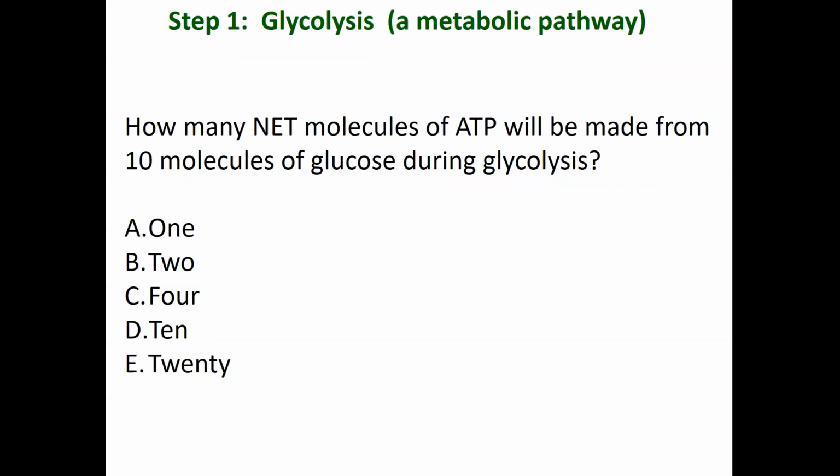Next question, how many net molecules of ATP will be made from 10 molecules of glucose during glycolysis? The correct answer is E, 20. So if 1 molecule of glucose makes 2 ATP, then 10 molecules of glucose will make 20 ATP.